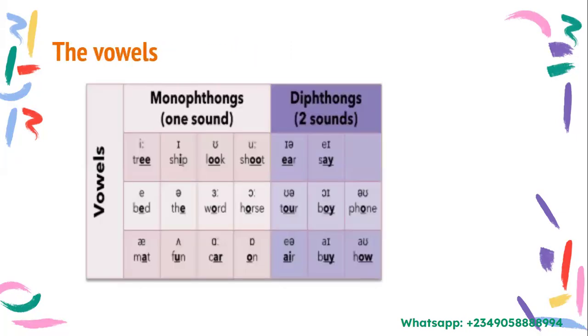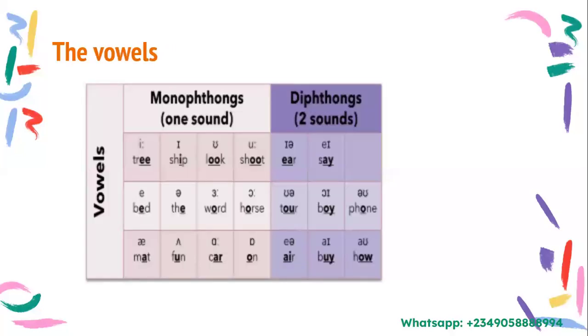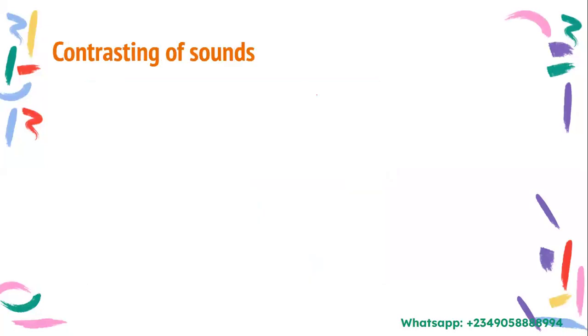In fact, you don't have to wait until you're done teaching all the consonants and the vowels. Once you teach a consonant, you introduce contrasting of sounds. That's minimal comparison.